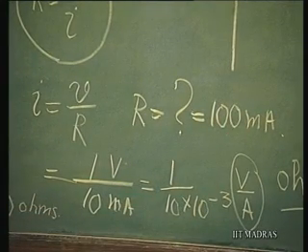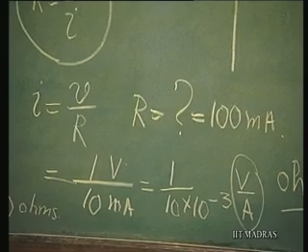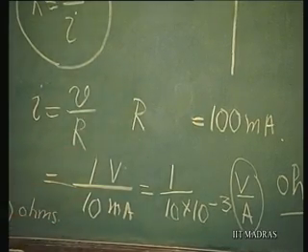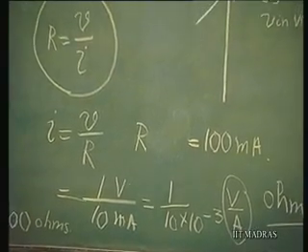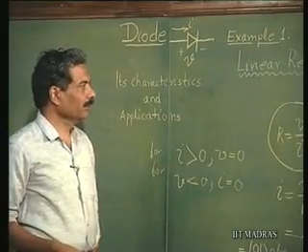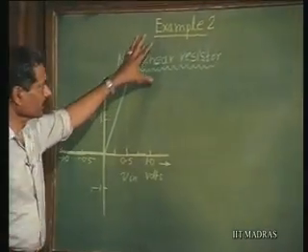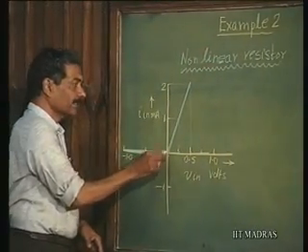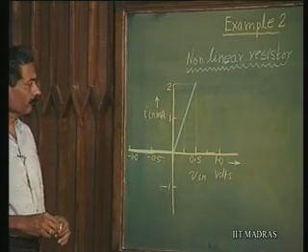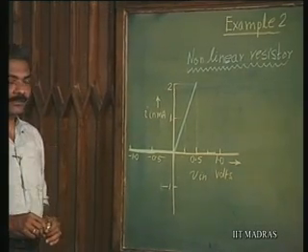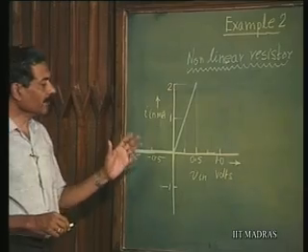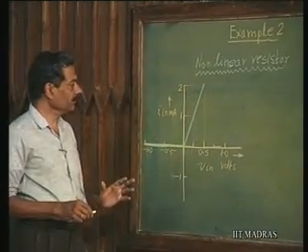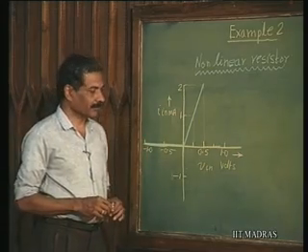So, let us therefore see how this can be changed over to a non-linear resistor. This is a linear resistance. Let us have a non-linear resistance. It has a characteristic of this type. You are now asked to explain its behavior for different voltages in terms of current.